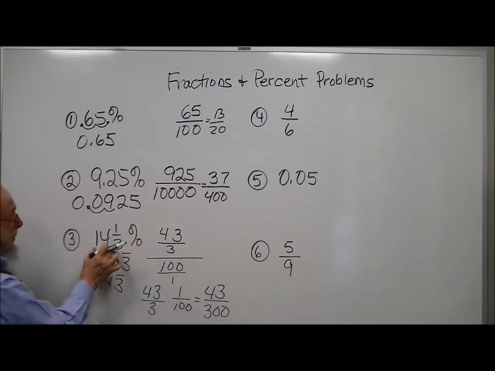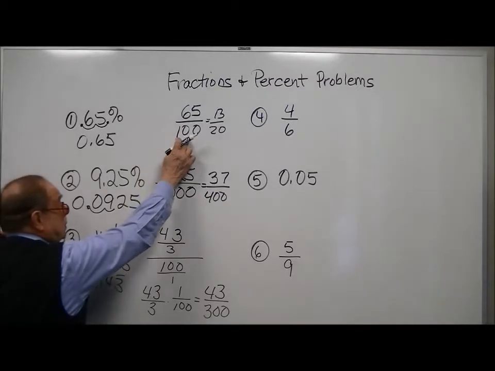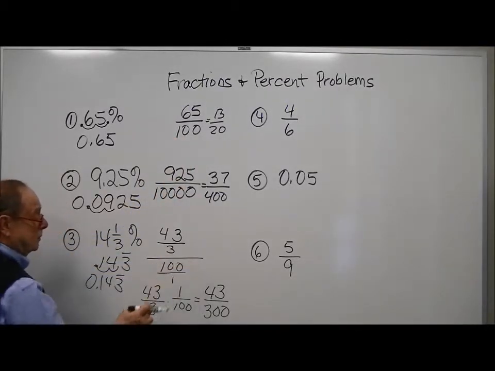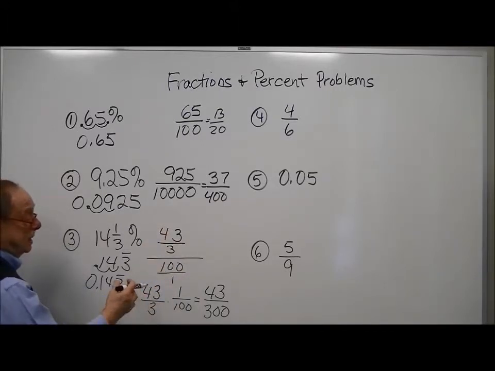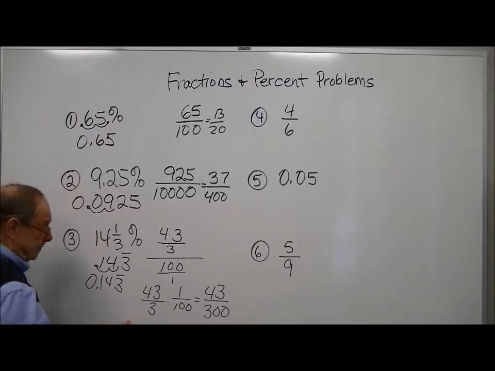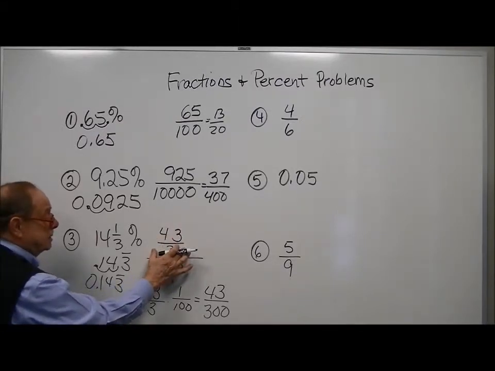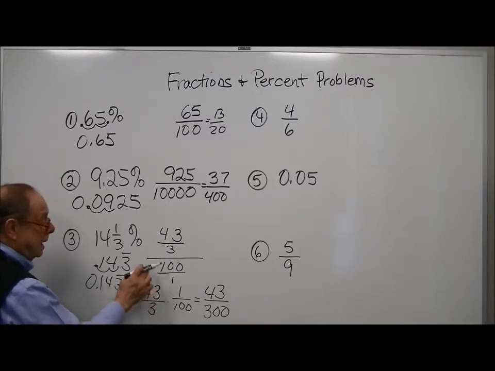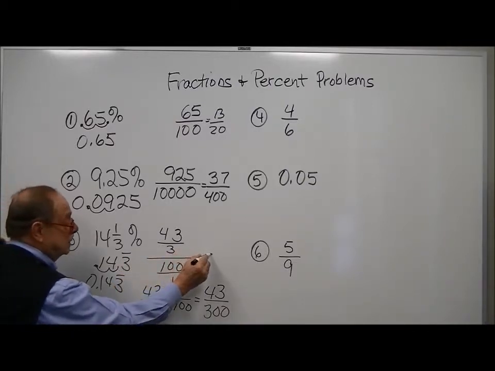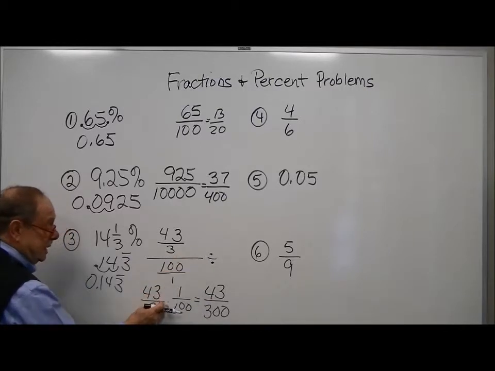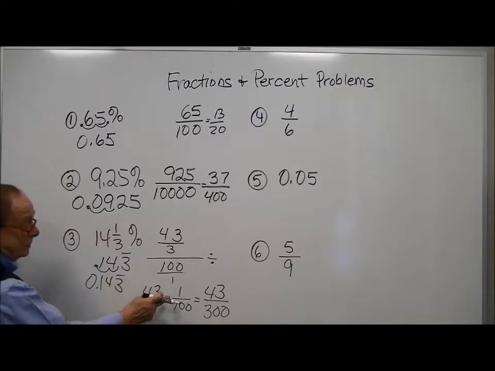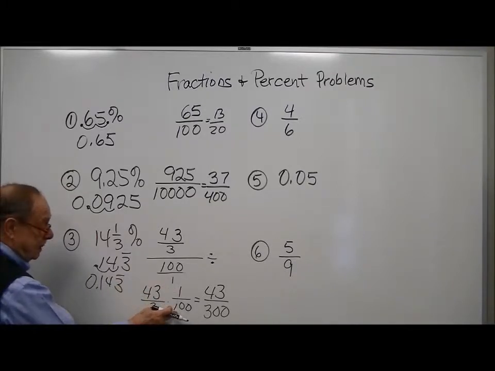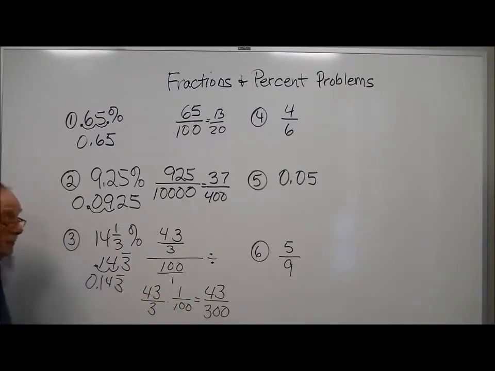And remember, we said that this is over 100. So I put it over 100, and I made it sort of in the form of a division of fractions example. So there's my top fraction. I'm going to change this division bar to multiplication, take the reciprocal of this, which makes it 1 over 100, and then I multiply through, and there's my answer.